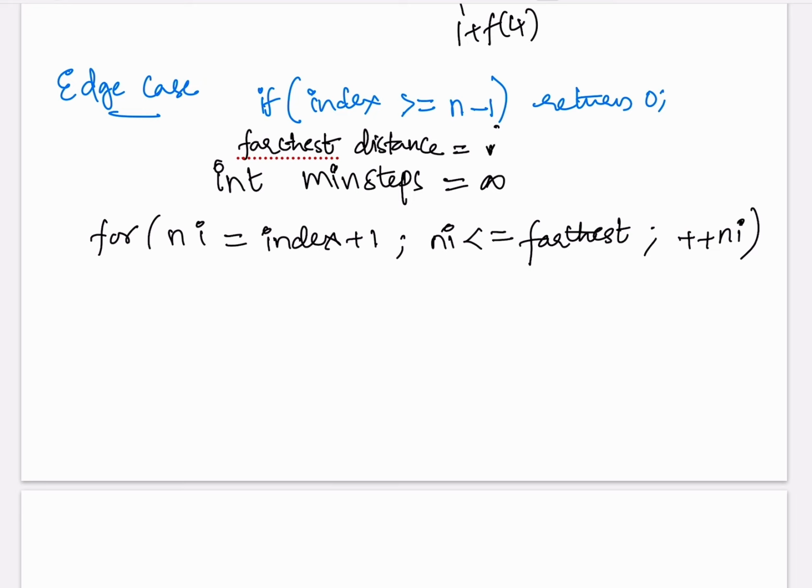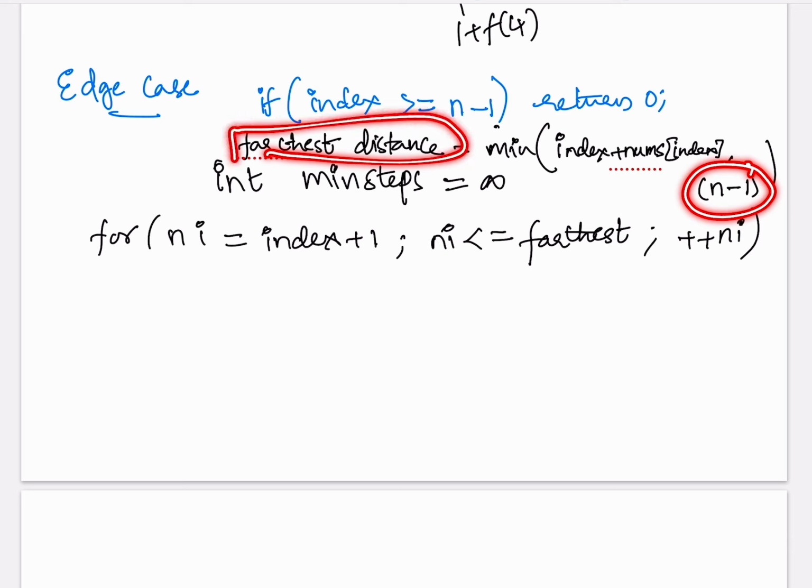The farthest distance should be, let's say this is index, plus nums of index, and it should not cross over our array bound. So we write n minus 1, such that our farthest distance should not exceed our array elements.